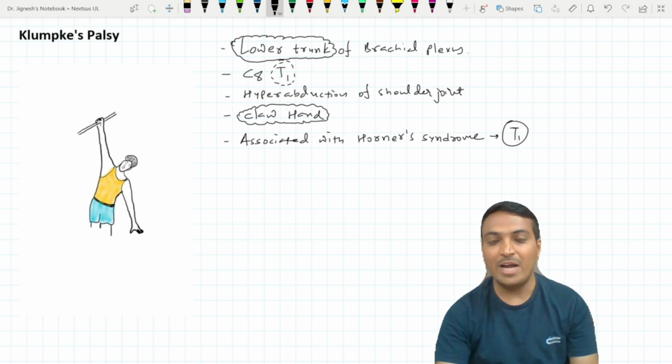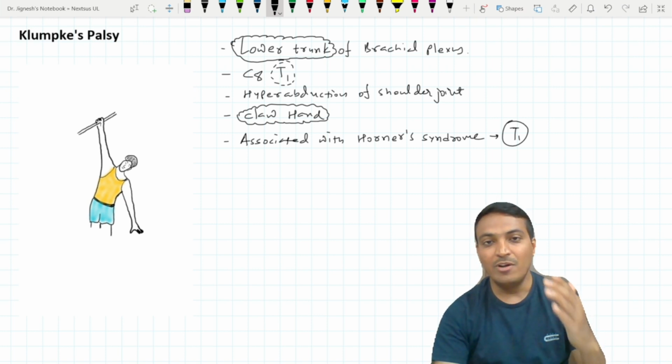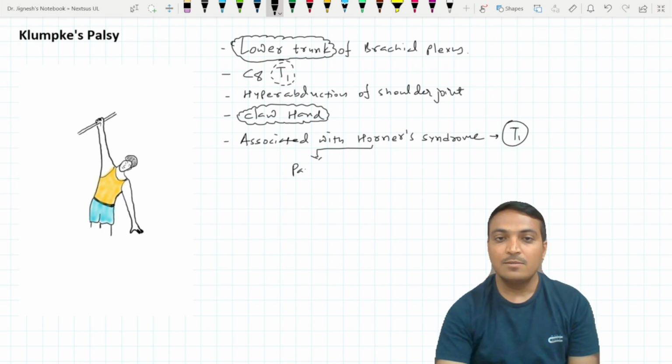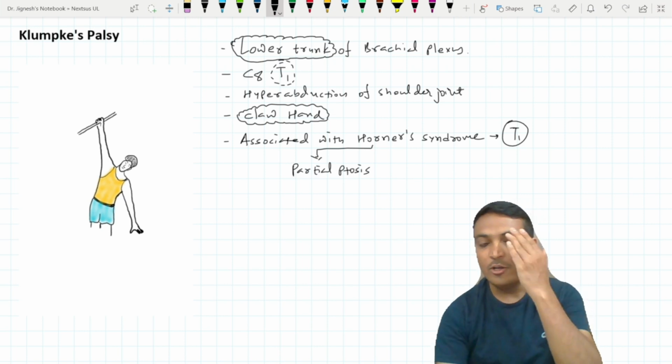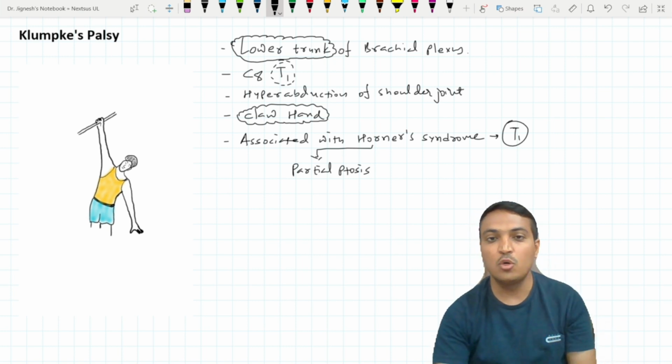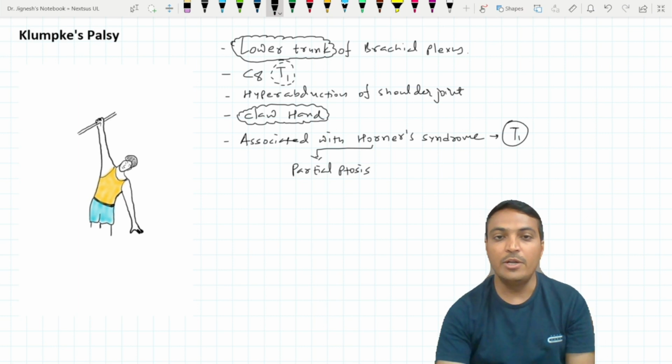So when the sympathetic fibers of the T1 root get affected, it will lead to a cluster of symptoms called Horner syndrome, which include partial ptosis. The eyelid of the patient is dropping down, and this is the partial ptosis with Horner syndrome.